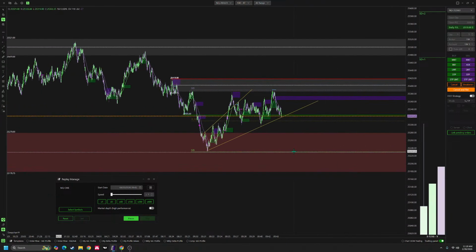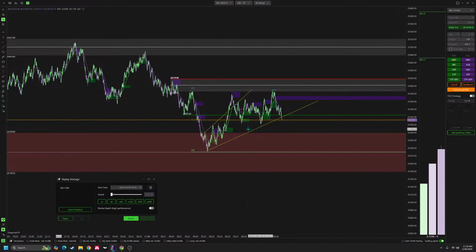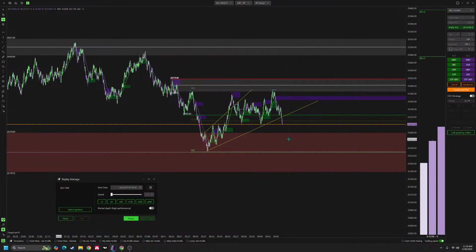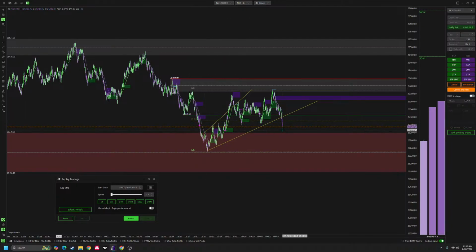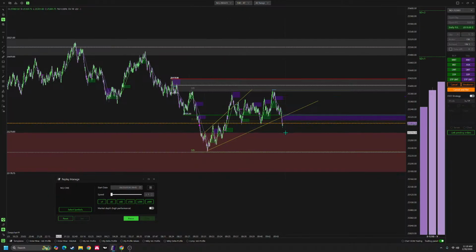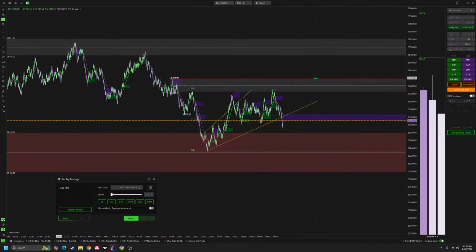Obviously, not taking any actions, but what I would expect is that we either revert all the way back down to the bottom, or maybe to the top of this area right here before making another move up, or we just start to ping pong back and forth inside of this range.